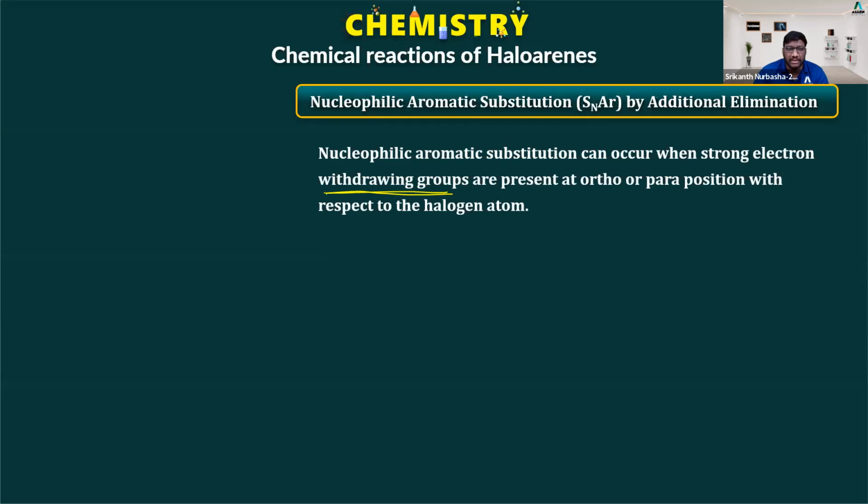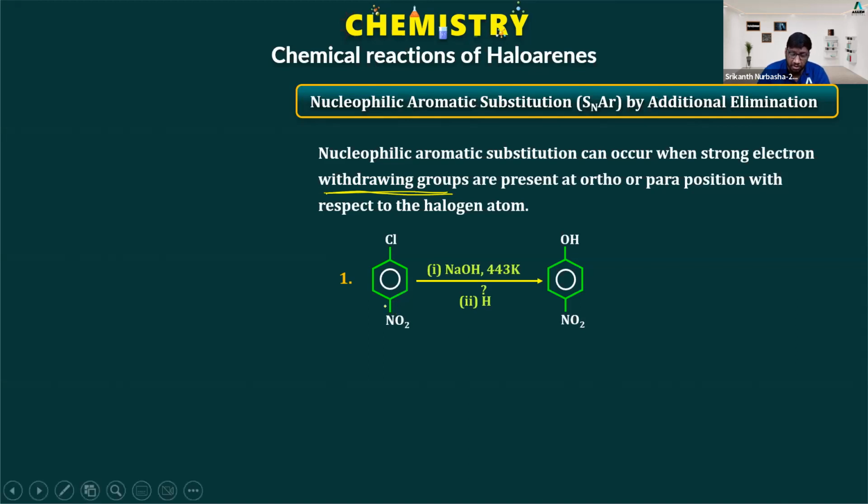So let us take the same scenario, students. Like we have chlorobenzene, and at the para position you have a nitro, that is NO2 group, substituted, and we are treating this with NaOH at 443 Kelvin, then H plus. You are getting OH substituted for chlorine.